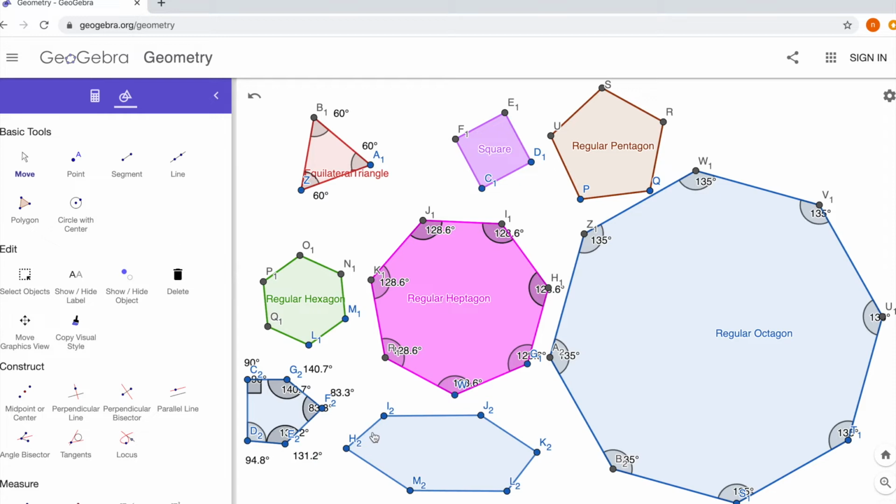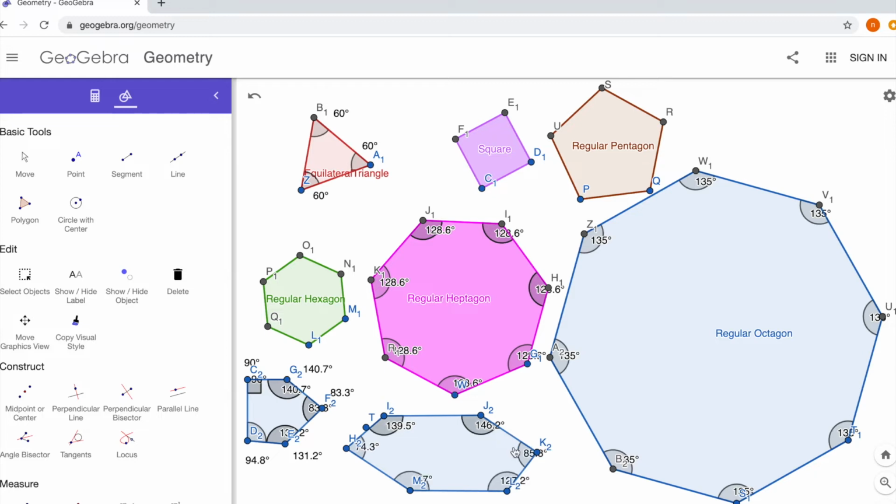We find out this figure's angles. So what is this angle? First angle, you can see the sides are not same. First one is 139.5 degree. Second one is 146.2.